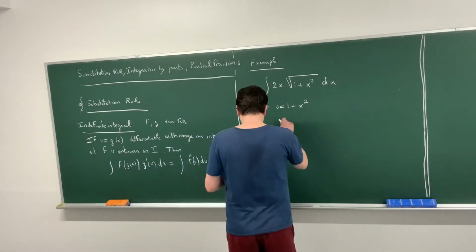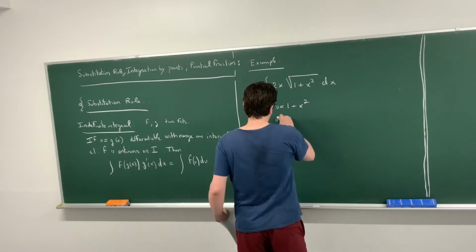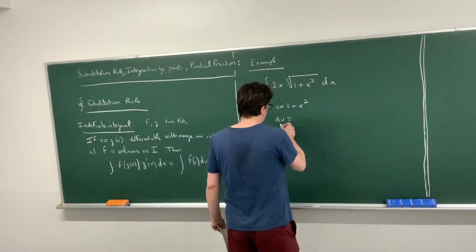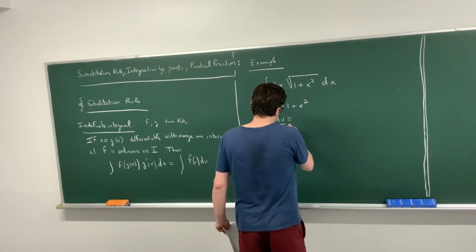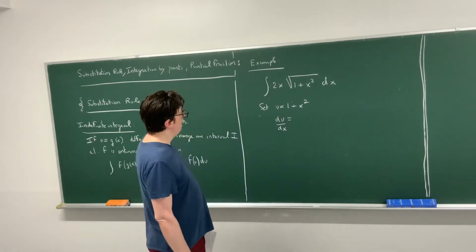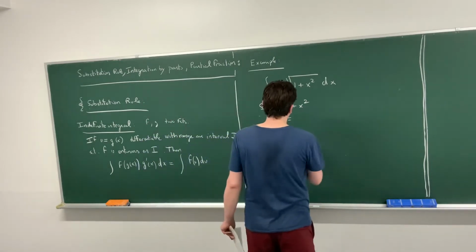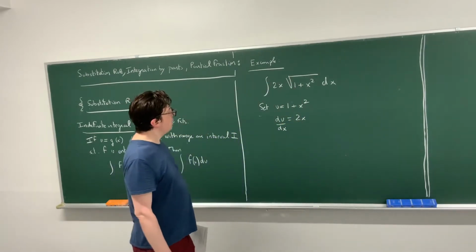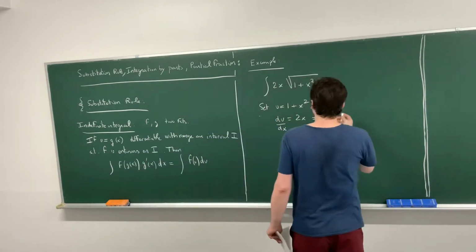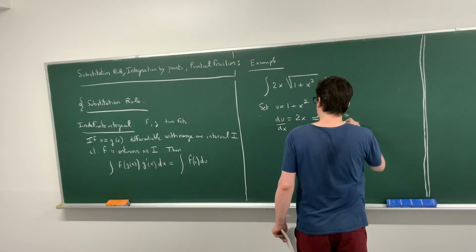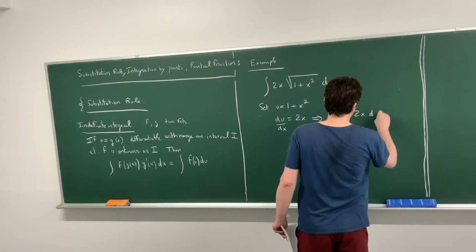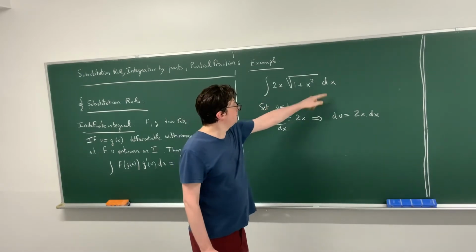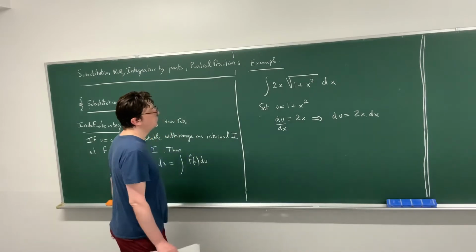And then you will calculate du. U is a function in x, so its derivative will be 2x, right? Or from this, you deduce formally that du is equal to 2x times dx. So this is especially interesting here because 2x dx is precisely equal to du.